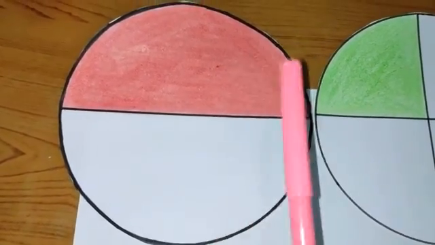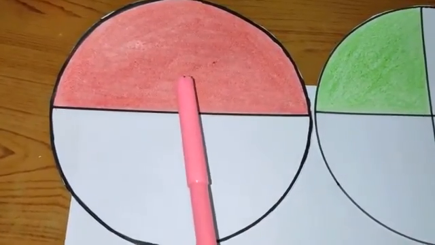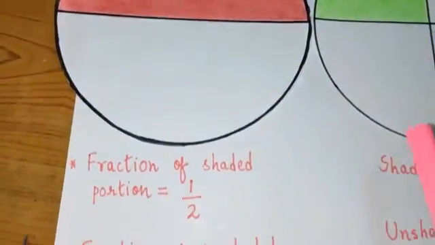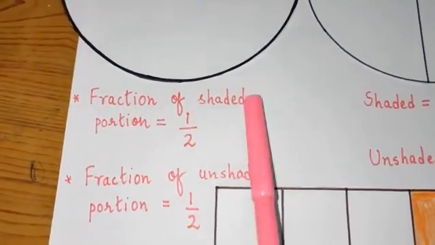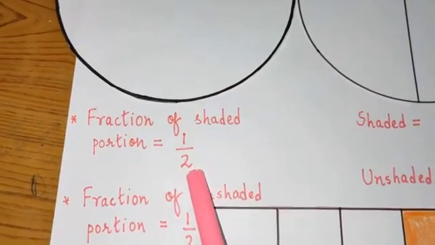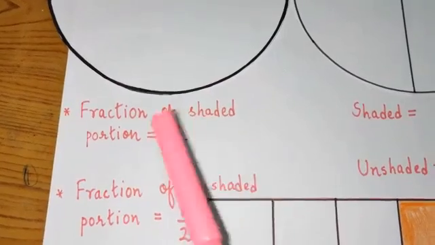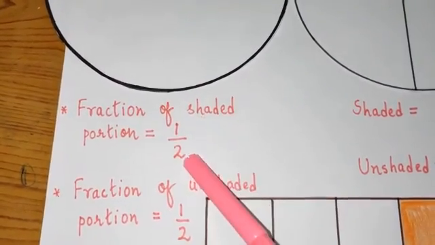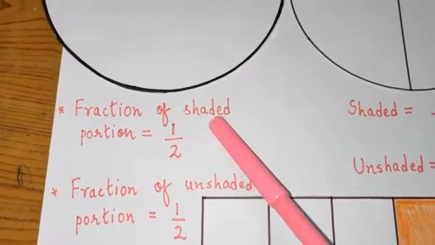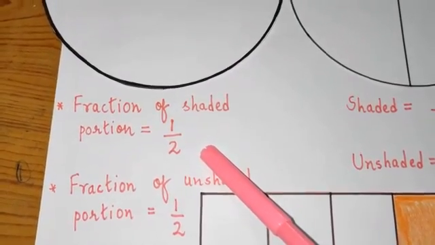If I would ask, tell me the fraction of the shaded portion or the colored portion, the fraction of the shaded portion would be 1 by 2. You can read it as 1 by 2 or 1 over 2 or 1 half.